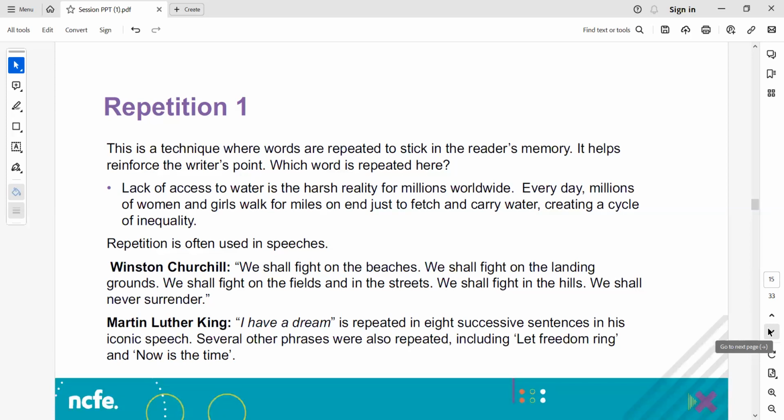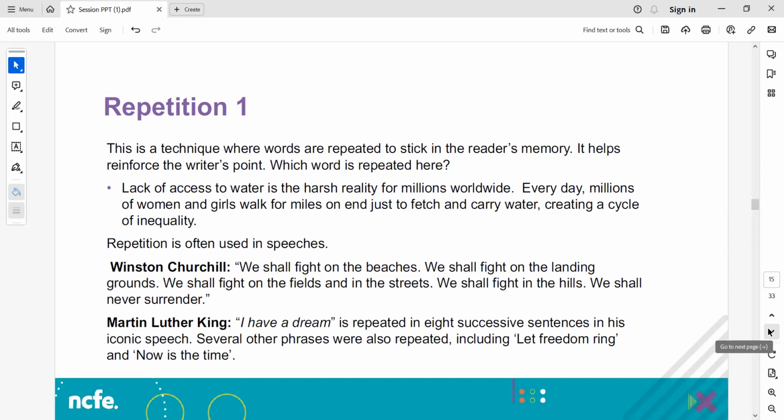And Martin Luther King's famous speech, I have a dream, that phrase, I have a dream, in his speech is repeated 8 times. And there's other phrases that are also repeated, such as let freedom ring and now is the time.